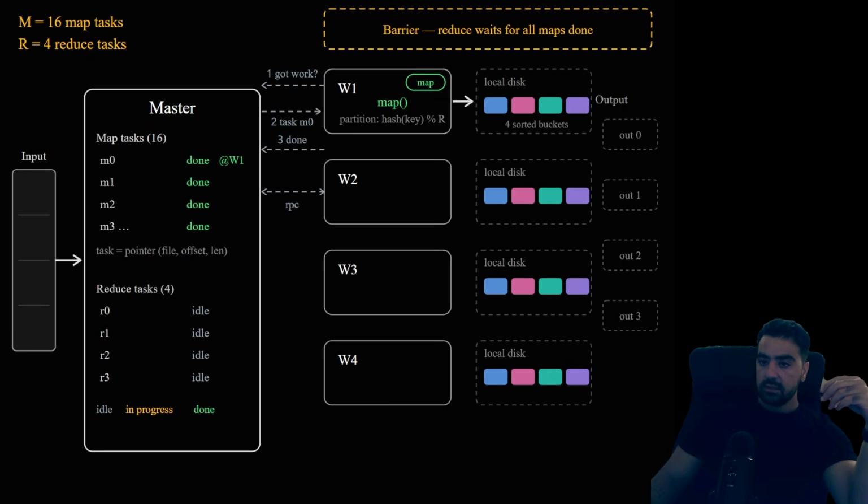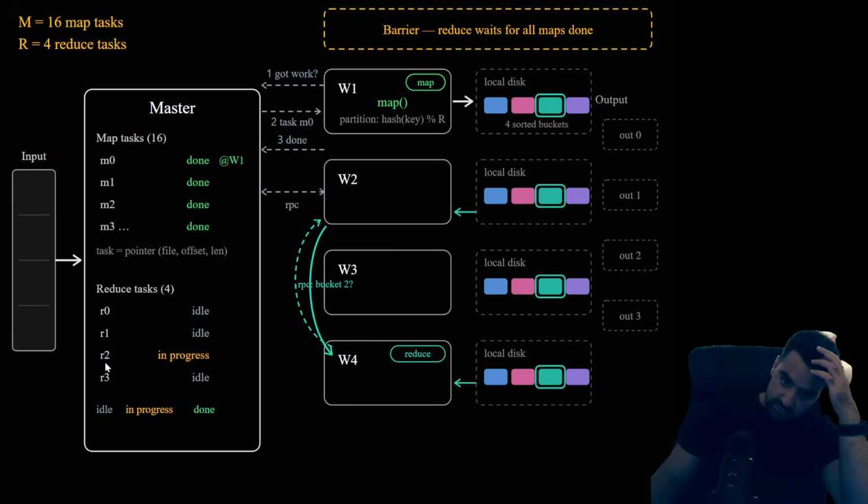So the same procedure is going to happen: these workers again ask if there are any tasks available, and the master checks that, okay, now that all of the map tasks are completed, I'm going to pass out one of these reduce tasks. In this case, reduce task 2, or the third one in the list, was passed to worker 4 with the information that it needs to read partition number 3 from these specific workers.